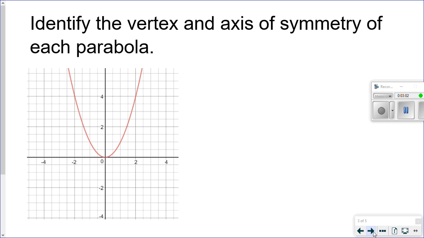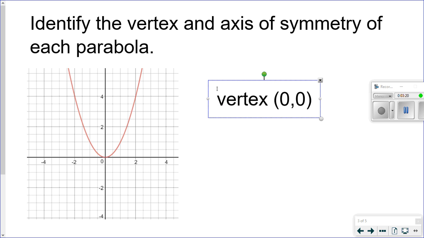Identify the vertex and axis of symmetry of each parabola. Again, the vertex is the turning point, or in this case, where the decreasing interval changes to an increasing interval. So that would be right here. The turning point is happening at 0, 0, so the vertex is at the ordered pair 0, 0. The axis of symmetry is the line that cuts the parabola in half.